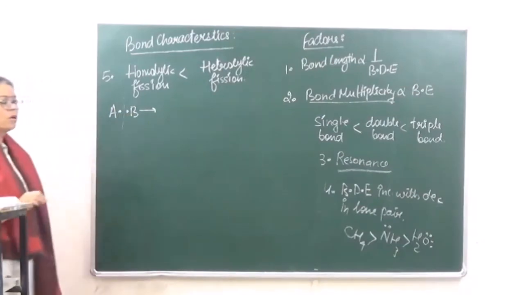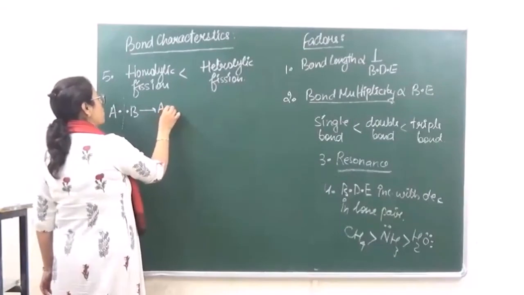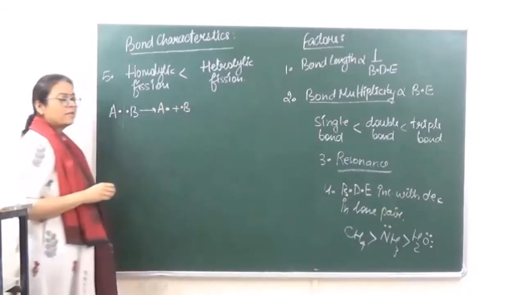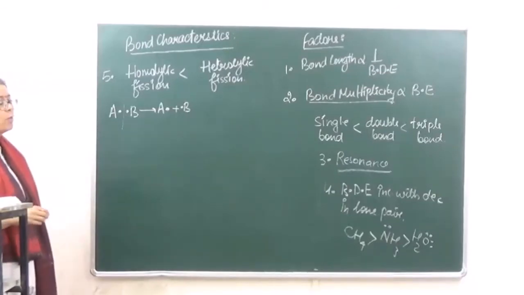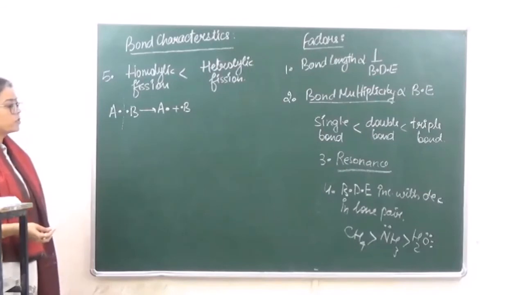The breaking of the bond is going to take place from here, as a result of which one electron remains with one species and the other electron goes to other species. So homo means same kind of fission. Both the species will take one electron each.